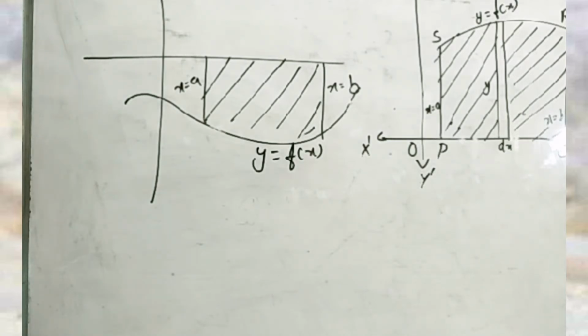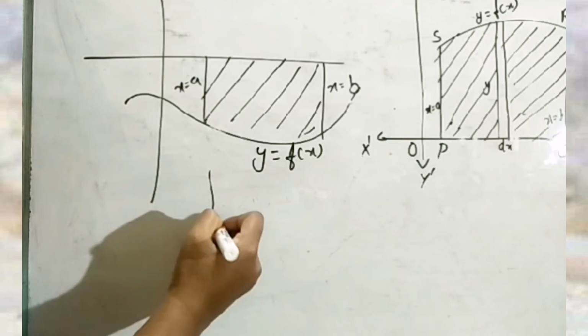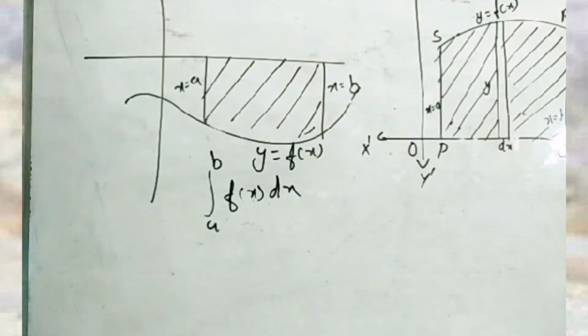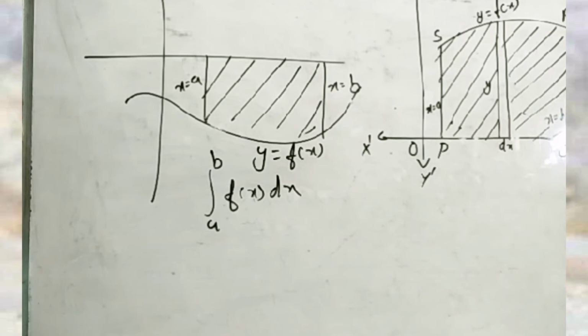Okay, if you integrate integral a to b f of x dx, it will give the area under the curve y is equal to f of x from a to b. Right, now since it lies below the x-axis, you will get a negative value for this integral. But we know that this area is a positive quantity.